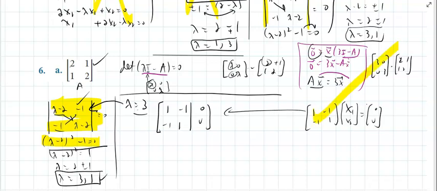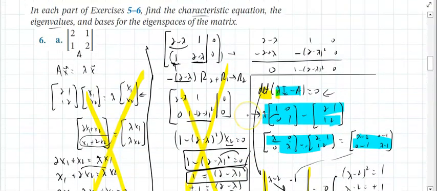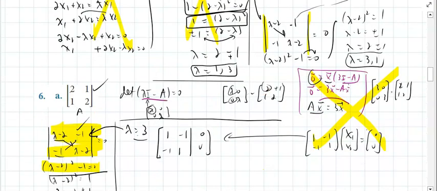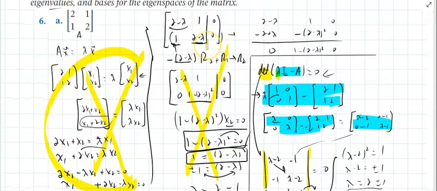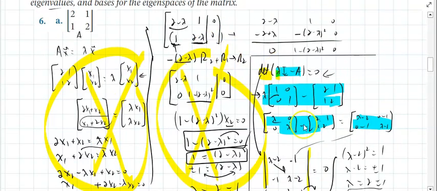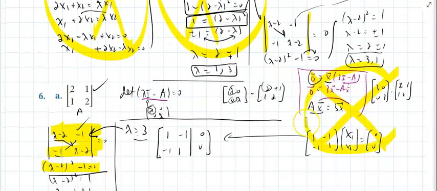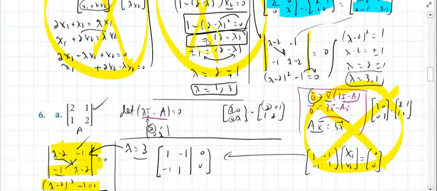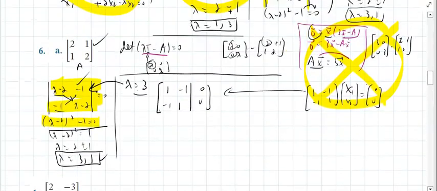Again, no need to do any of that. So, my work, instead of doing all of this part, instead of doing all of this and all of this, and setting all of this equal, look how quickly I can skip all of that. I could figure out the determinant of A minus lambda I, get the characteristic equation, get the eigenvalues, let lambda equal 3, plug it in there, and solve this.